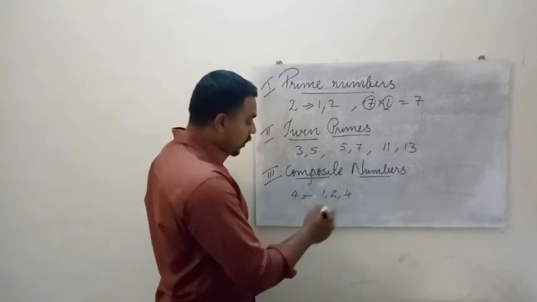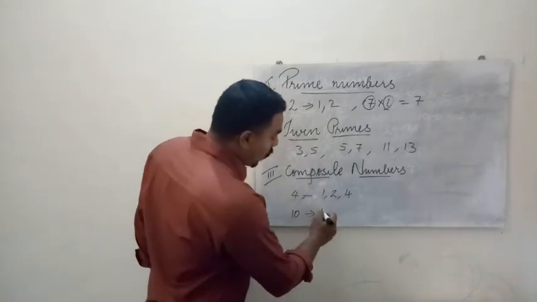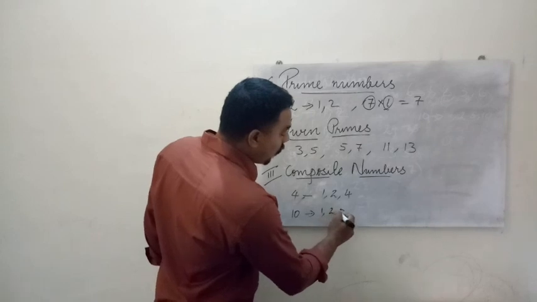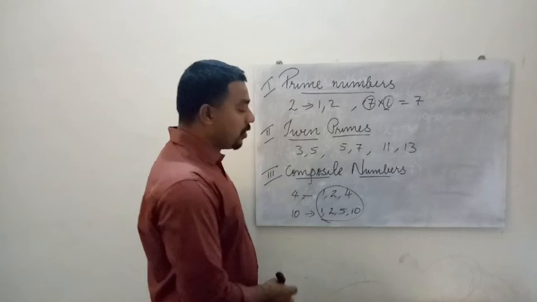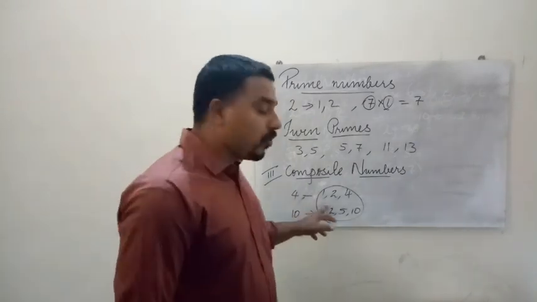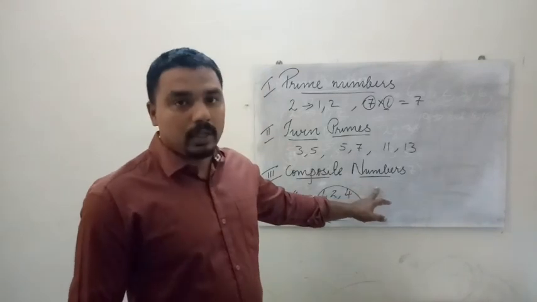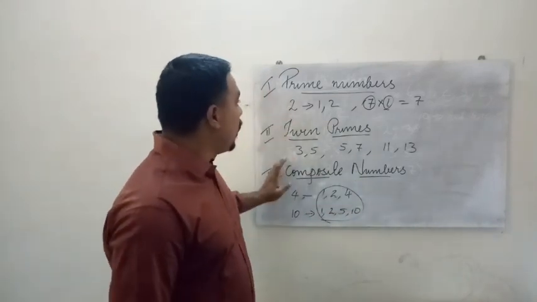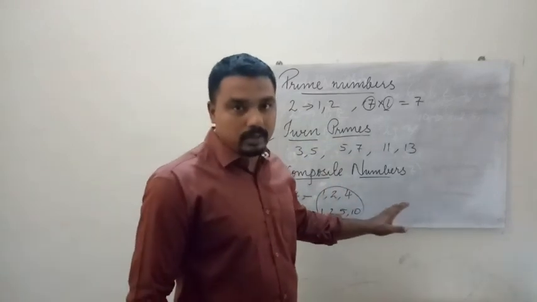Next, take 10. 10 has more than 2 factors: 1, 2, 5 and 10. So the numbers which have more than 2 factors are called composite numbers. I hope all of you understood what is a prime number, twin primes and composite number.